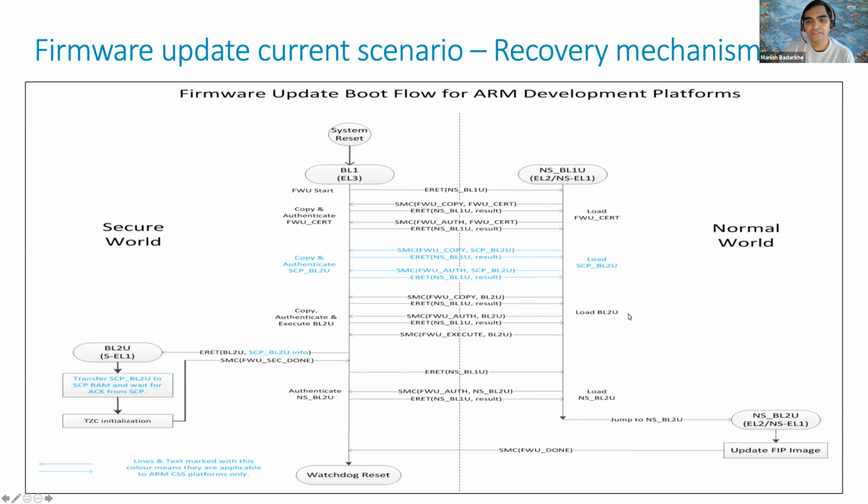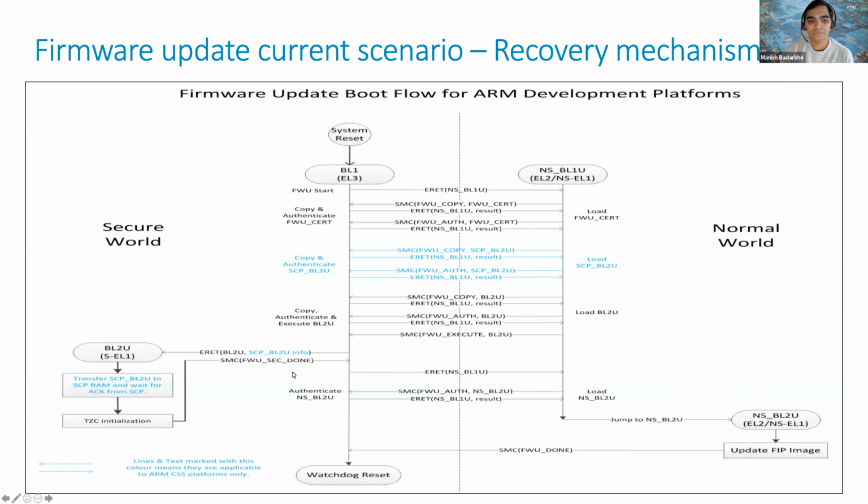We generally load the BL2U component, which is needed to enable DRAM for the non-secure world. We execute BL2U, which initializes the DRAM and gives control to the non-secure world so that it can do the further flashing procedure.